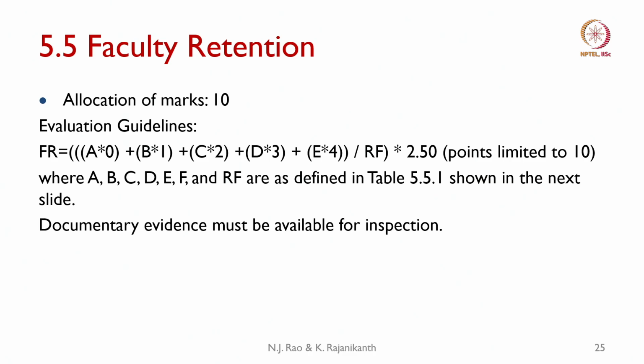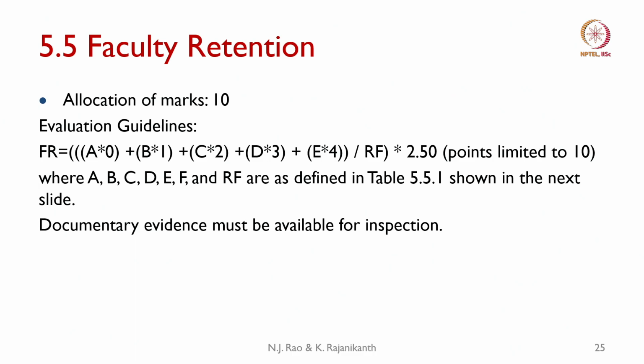Then we come to the final criterion 5.5, which is faculty retention. Again, this is an extremely important criterion that the department must observe, and in fact several visiting committees have found that many institutes have a very high attrition rate of the faculty, thus they tend to lose marks under this sub-criterion.